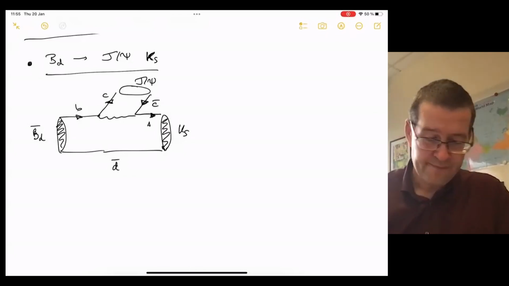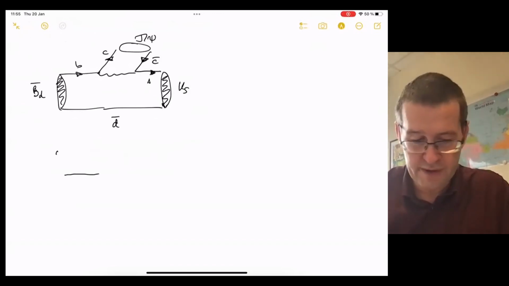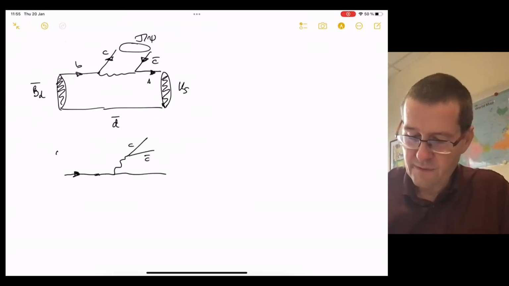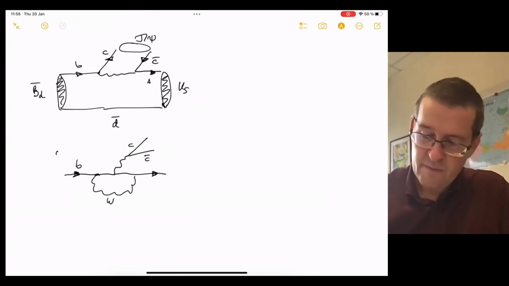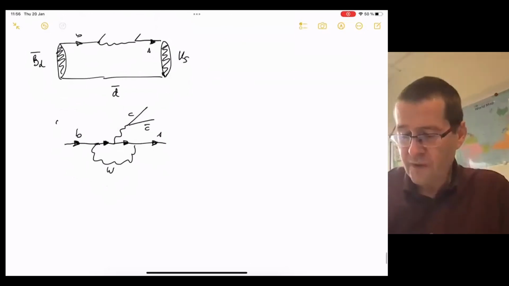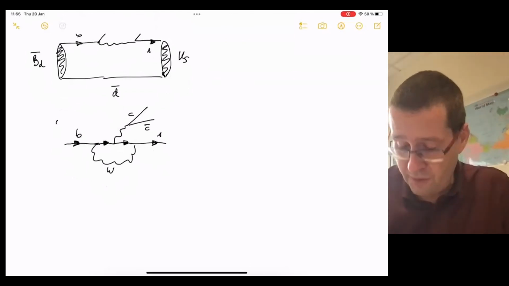But then you do have also, so that's one thing that you have, but you can have also different diagrams for the upper part, and I'm just showing those ones. So I can also have terms where I have, again, those kind of penguin contributions, where I'm closing the loop, and then I can have, in principle, a photon, a Z, or gluon, sorry.